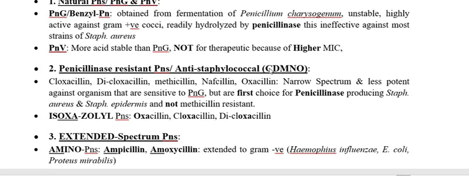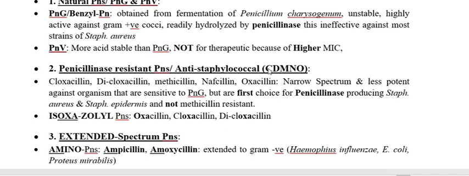The drugs are C for cloxacillin, D for dicloxacillin, M for methicillin, N for nafcillin, O for oxacillin. So these all are penicillinase resistant penicillins.